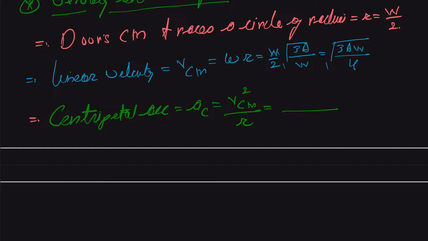So we get 3aW upon 4, and r is W upon 2, and here W and W cancel out, and 4 goes by 2, so this comes as 3 by 2 times a. So this is our centripetal acceleration. Now we come to our force components.